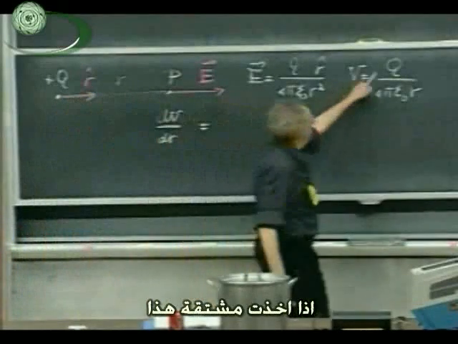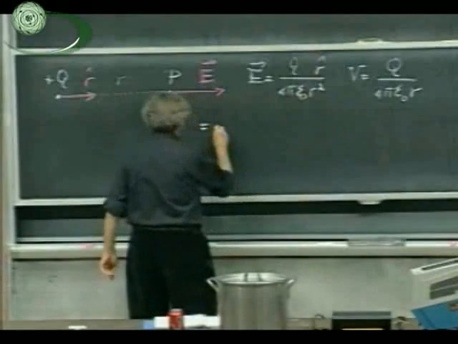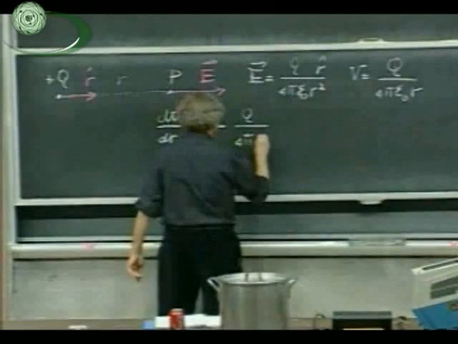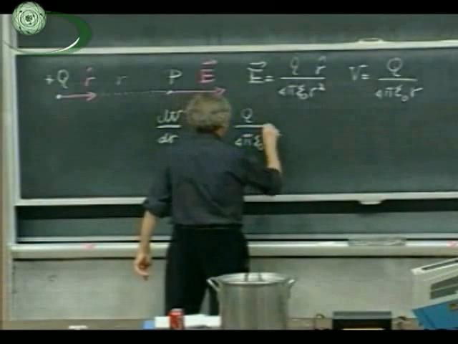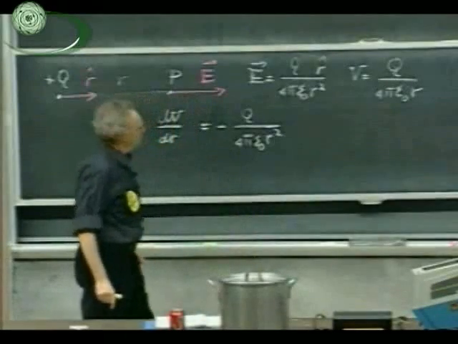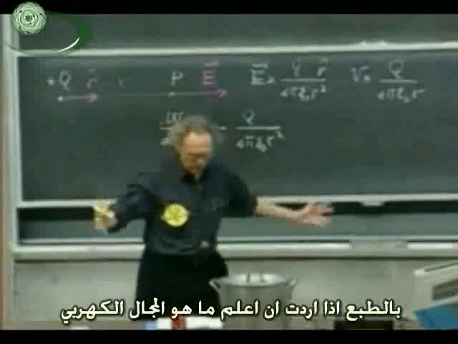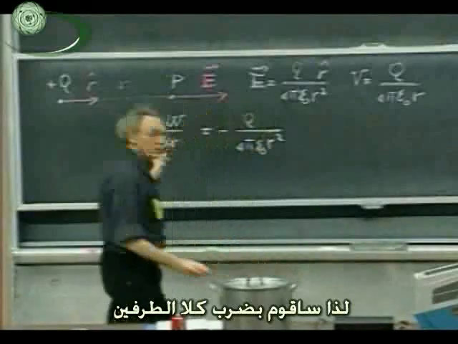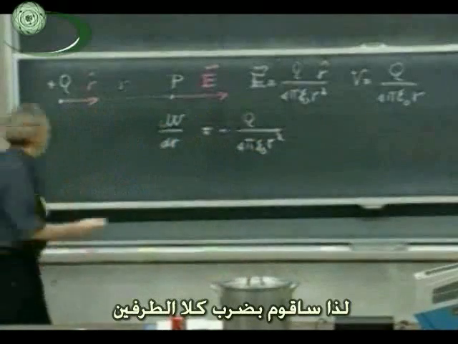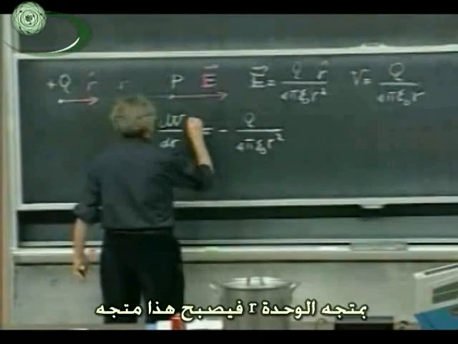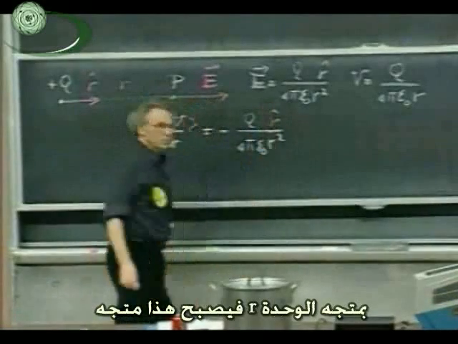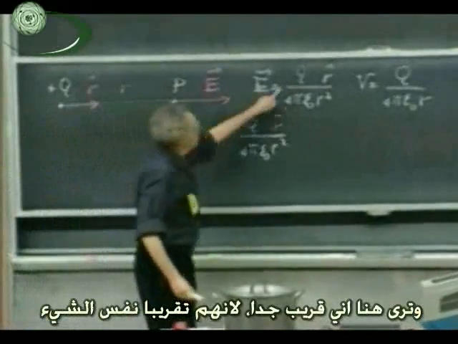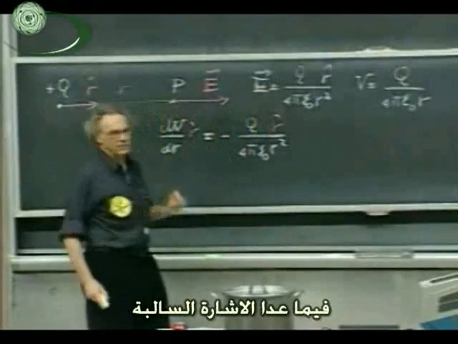If I take this dV/dr, I get a minus Q divided by 4 pi epsilon 0 R squared. Of course, if I want to know what the electric field is, I need a vector. So I will multiply both sides, which is completely legal, there's nothing illegal about that, with a unit vector in the direction r. So that turns them into vectors. And now you see that I'm almost there. This is almost the same, except for a minus sign.